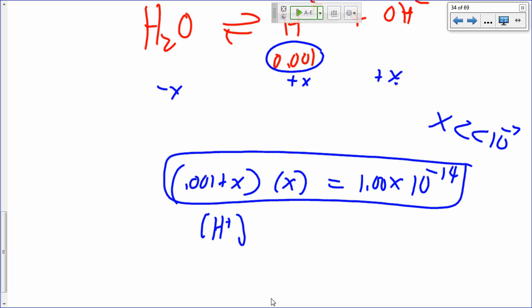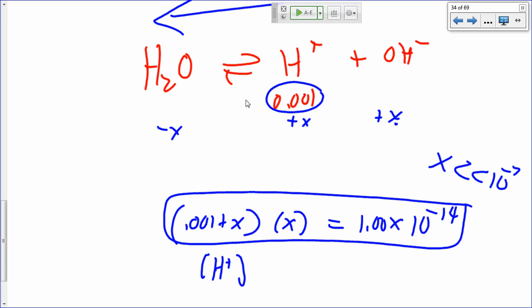If you solve for X there, you'll find that X is even lower than 10 to the negative 7. So once you put acids and bases in water that significantly increase the H plus or the hydroxide, you can pretty much ignore the contribution of the autoionization to the H plus and hydroxide.